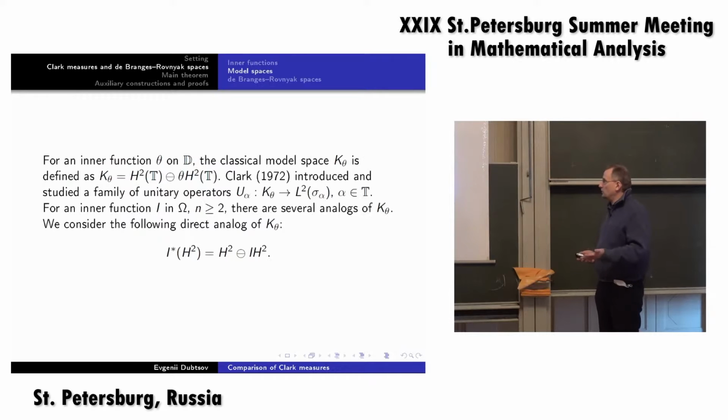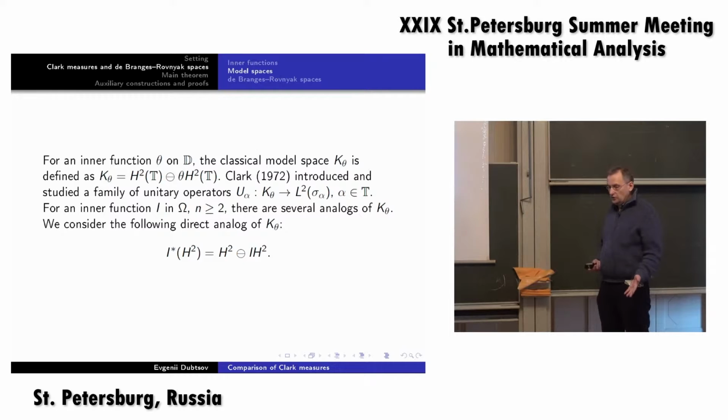If you have an inner function in the disk, then the classical model space is just H^2 minus, I mean, the orthogonal complement of theta H^2. Well, the main idea of Clark was to construct a certain theory based on a family of unitary operators from K theta to L2 of sigma alpha. So we fix alpha, and then we consider the corresponding operator U sub alpha.